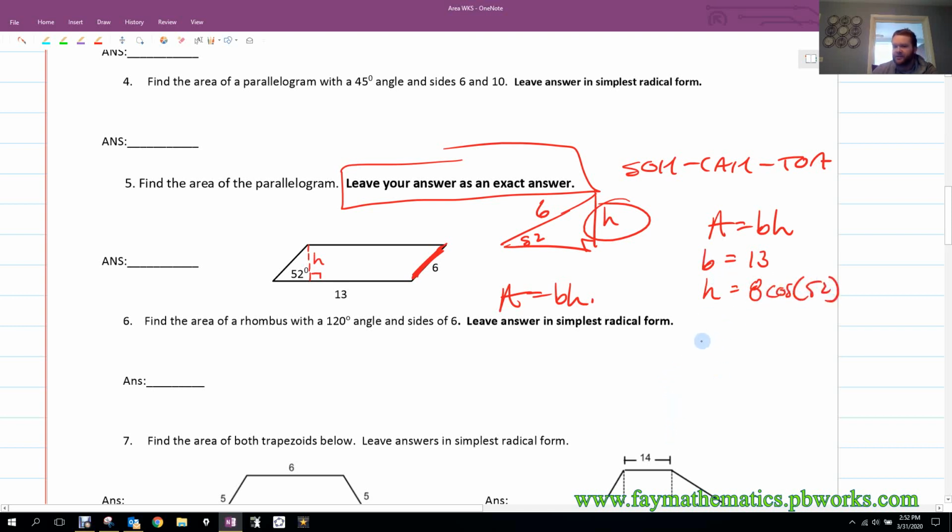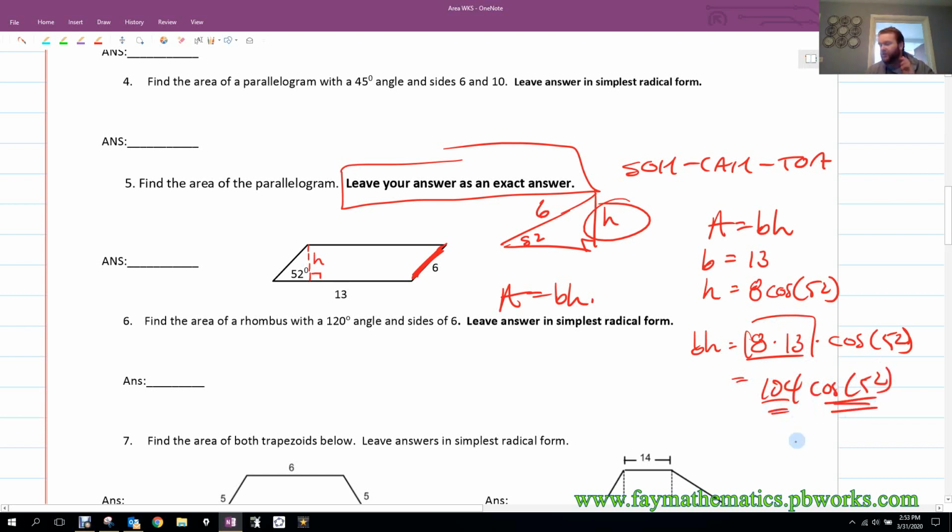When I go B times H, I'm going to go 8 times 13 times cosine 52. Now 8 and 13 work together, so I'll multiply those together. It's going to give me 104 cosine 52. Remember, this is an irrational number. That's a rational number. I'm not going to multiply them together. So that would be the exact version.